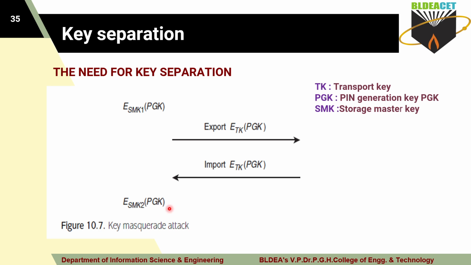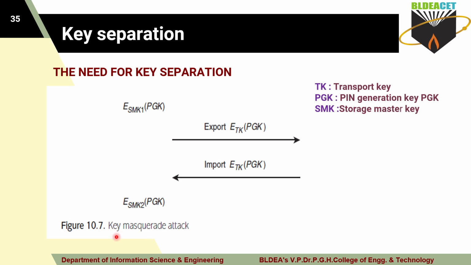When it is received, the receiver will use this PGK as a message authentication key. Actually this is the pin generation key, and its purpose is different, but you are using it for multiple purposes: for encryption and also for message authentication. This message authentication key is encrypted using storage master key 2 and sent as ciphertext.